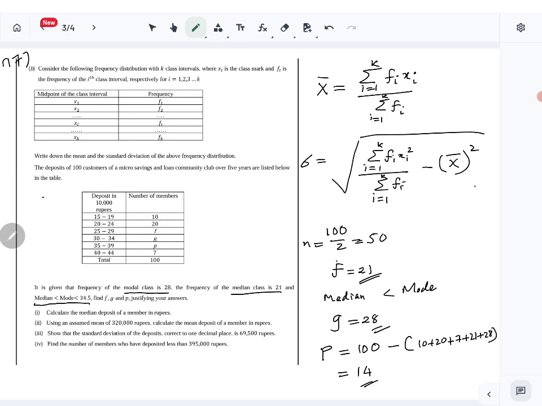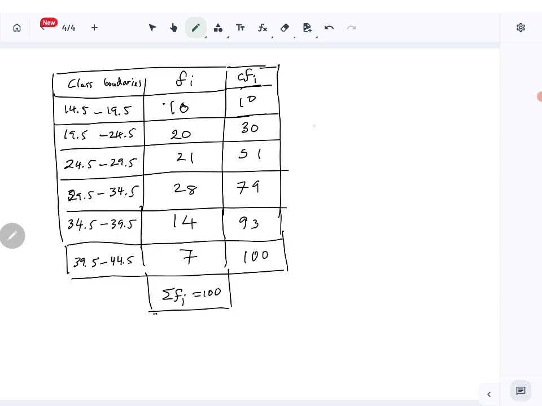Right, median we have to find first, median deposit. So n over 2 is 100 over 2, which is 50. So this is the median class. Then what are the terms we need?